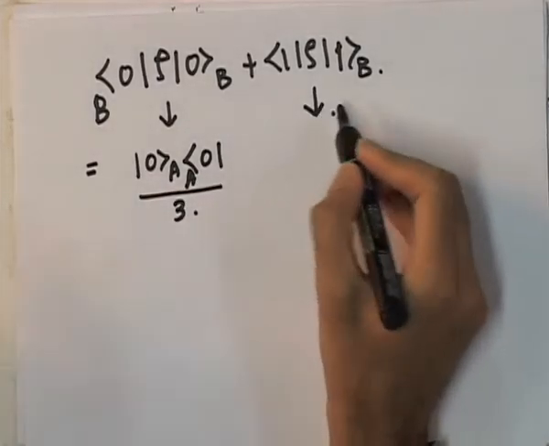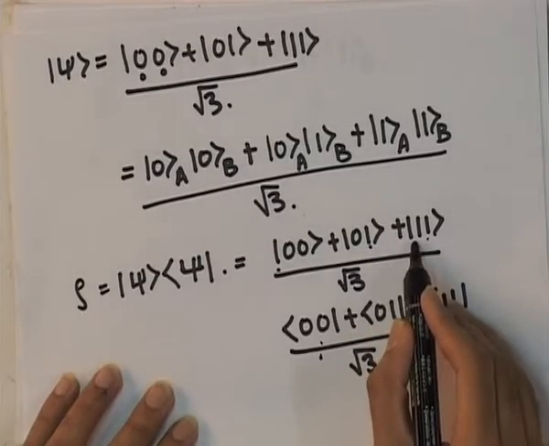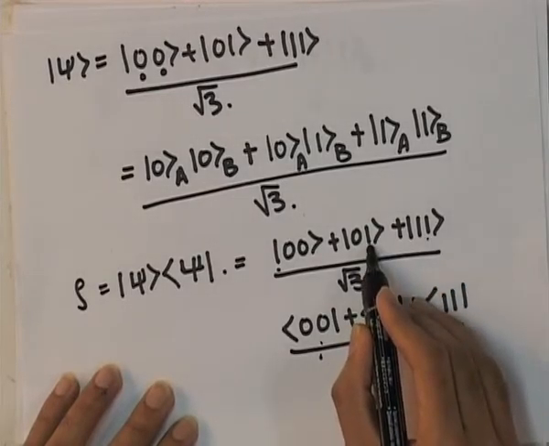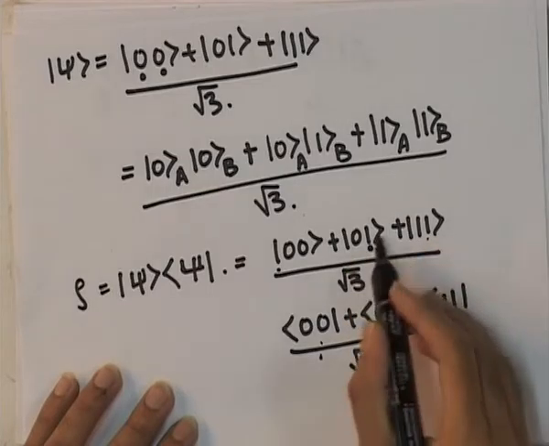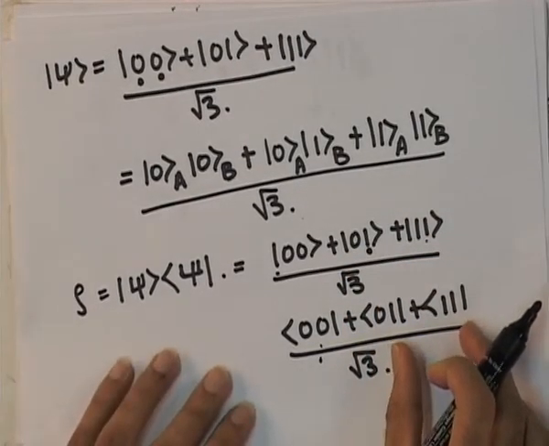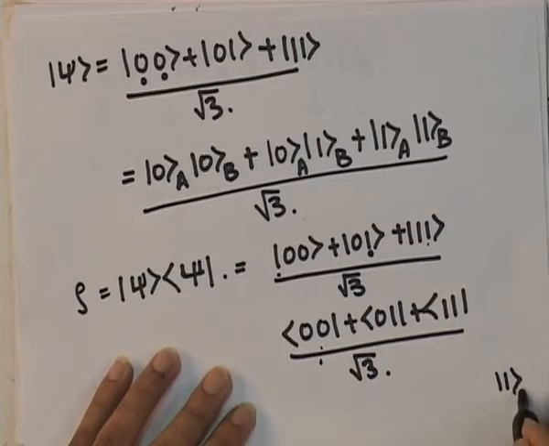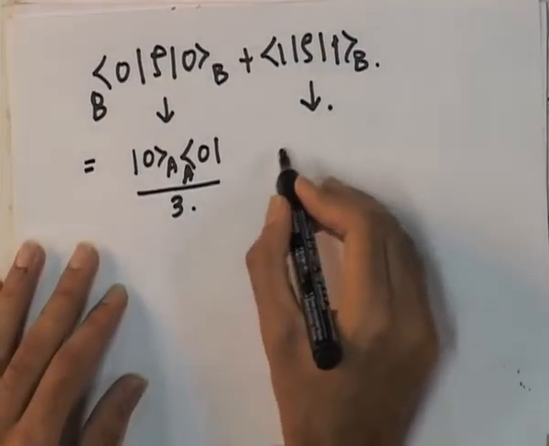Now for the second term, notice that two of the kets have 1 in B's qubit. So both of these terms will remain, and when we multiply by bra 1_B and ket 1_B from the right side, these two terms will remain. Hence the second term would give this quantity.